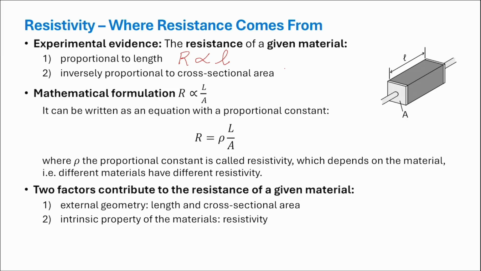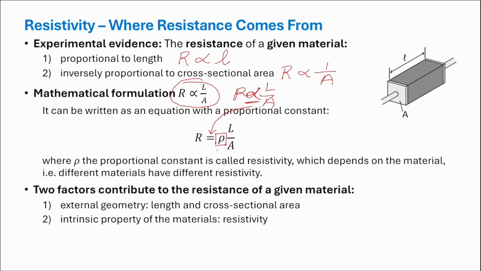So the resistance is proportional to 1 over A. Now we can write these two proportional observations into one, which is R proportional to L over A. Now this is a proportional sign. So mathematically, if we want to put this proportional sign into an equation, we need to introduce a proportionality constant.